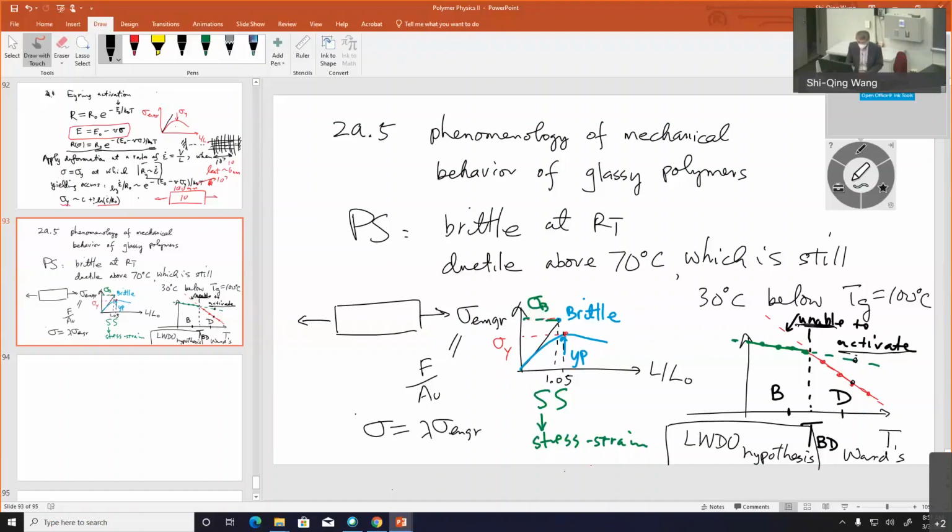I have very detailed criticism about this idea in a paper we published on crazing last year as a feature article, where I outlined in detail how primitive this understanding is.